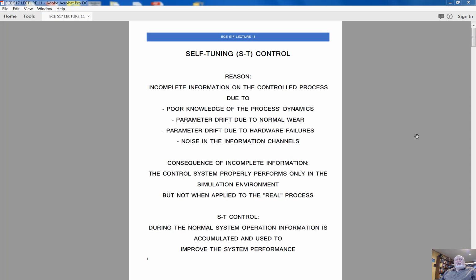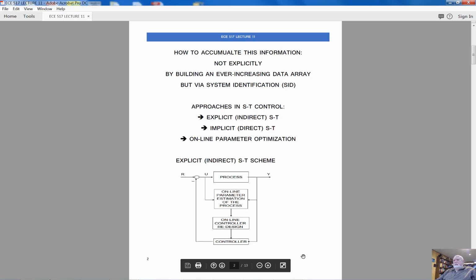The operation is far from being perfect, but as we observe this operation, we accumulate additional information about the properties of the controlled plant, about the performance of our control system, and we use this information to improve the system performance, improve the control law.